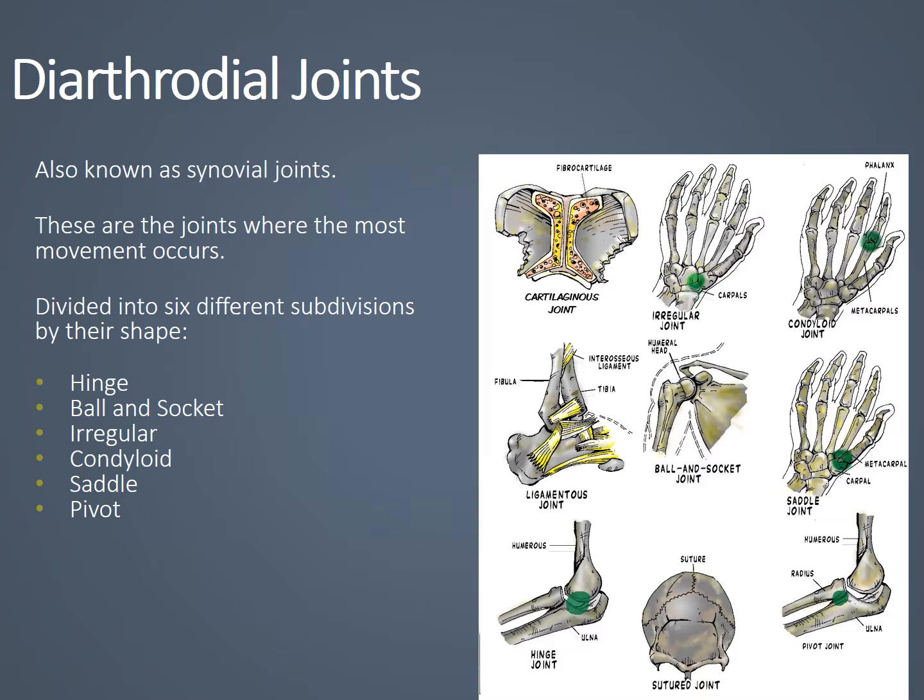These are the joints where the most movement occurs, divided into 6 different subdivisions by their shape: hinge, ball and socket, irregular, condyloid, saddle, and pivot. You'll see a diagram on the side here to give you an idea of each of those joints. We'll get into that later.